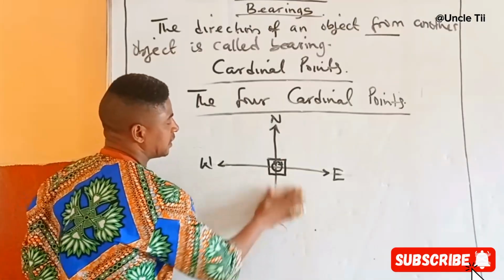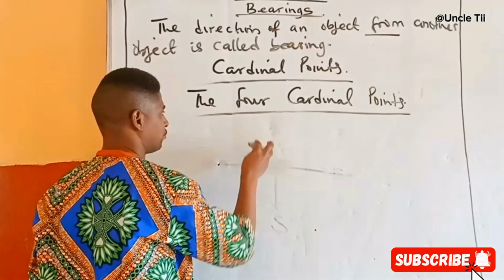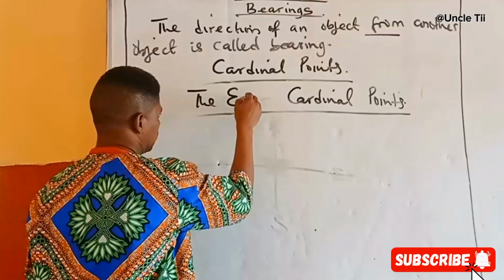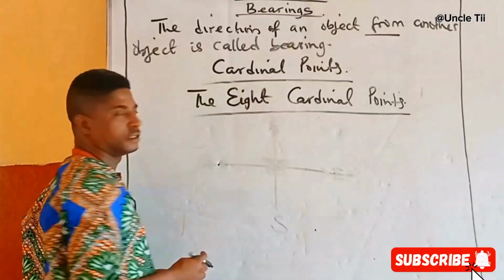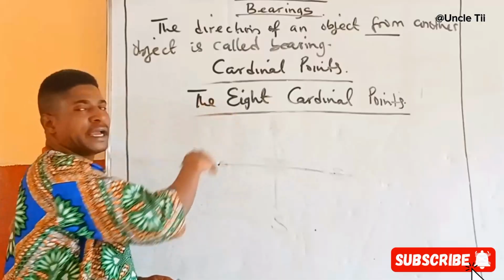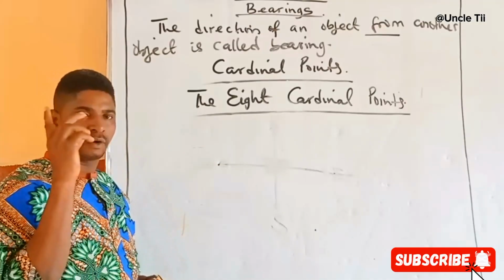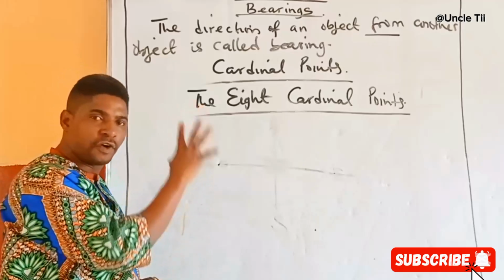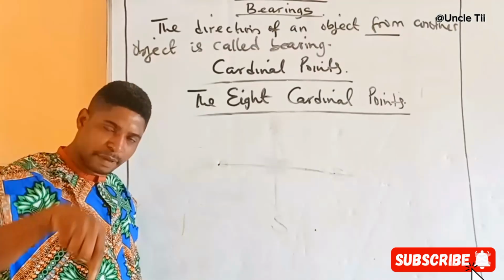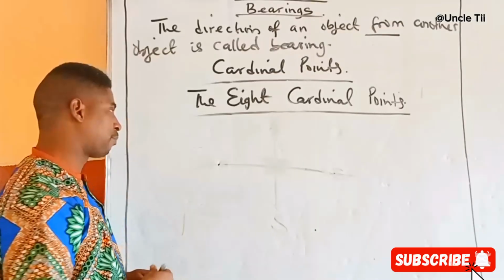Let's look now at the 8 cardinal points. Here, there are 8 points. Of the 8, 4 of them are the original 4 cardinal points. Then the remaining 4 are subdivisions of the 4 cardinal points.